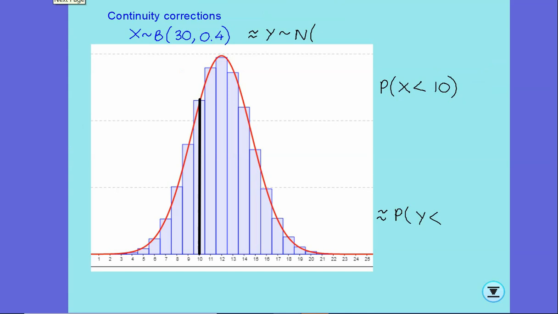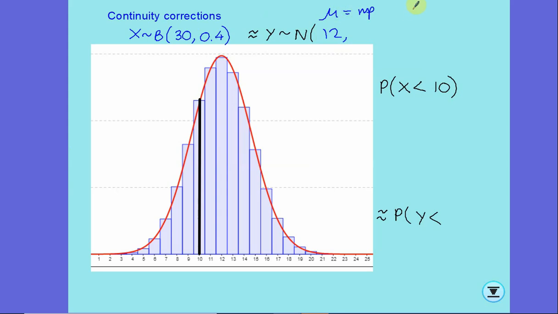Okay, so here's a question with some parameters in here. Earlier on I said you must remember a couple of formulas. If we've got the binomial distribution, we need to be able to write what these parameters are. And this is the mean, and the mean is equal to np. So 30 times 0.4, that's 12.